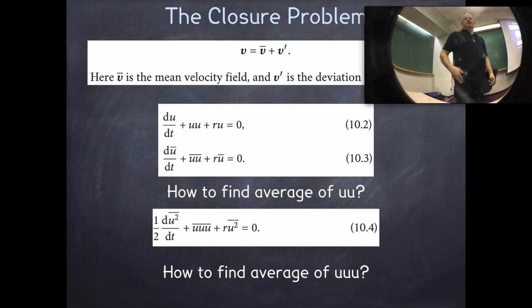Is this term bigger than this term? Not always. In the ocean and the atmosphere, frequently this term is actually pretty modest in comparison to this, which is why we can still see the deformation radius. This term is still there in a weakly nonlinear case, but this one is only in a strongly nonlinear case, and this is the one that's making scales talk to each other.